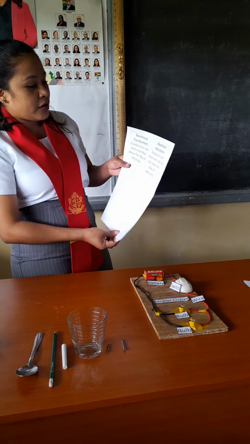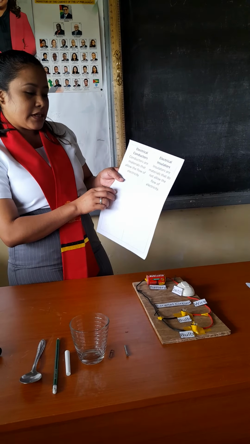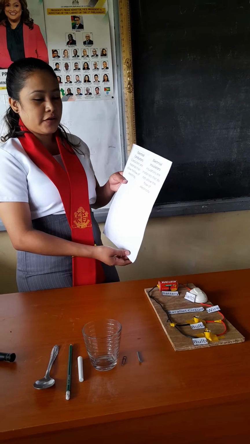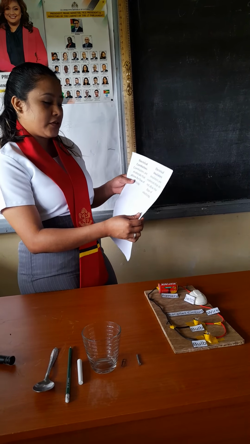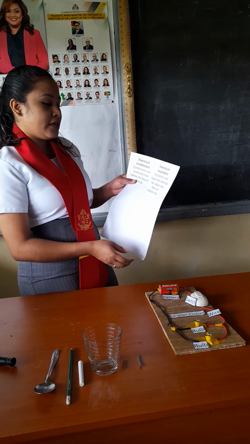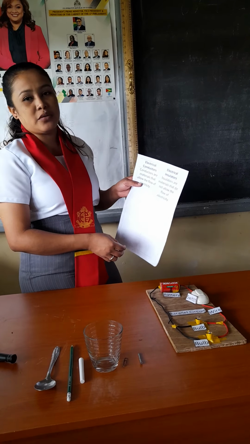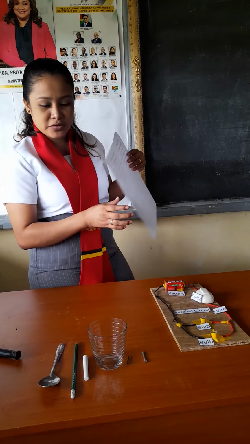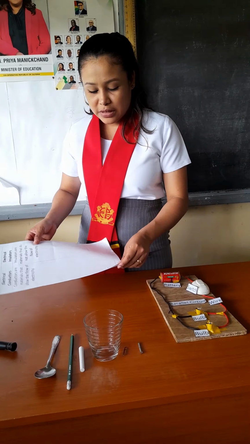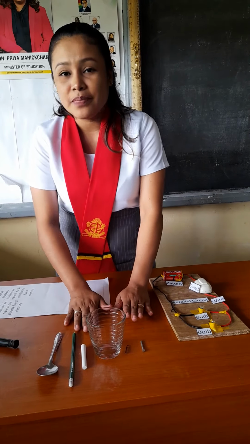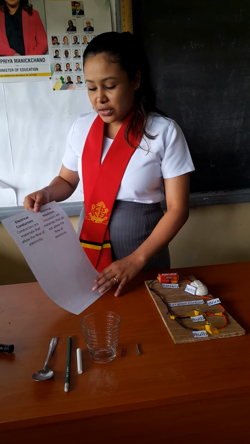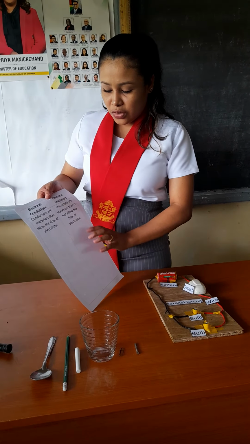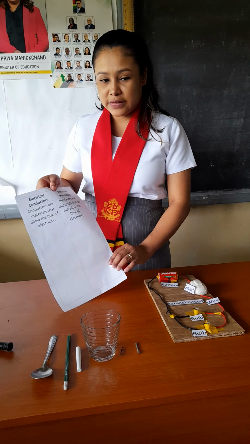Electrical conductors are materials that allow the flow of electricity, and electrical insulators are materials that do not allow the flow of electricity. So I'm going to do an experiment on these materials to see which one goes into the electrical conductors and which one goes under electrical insulators.